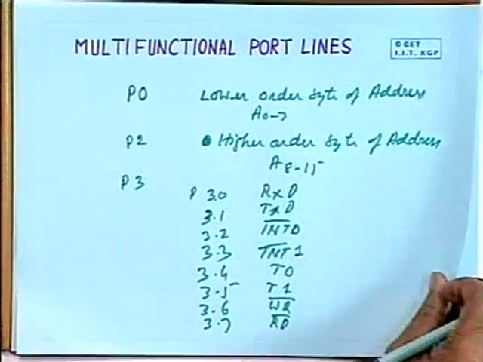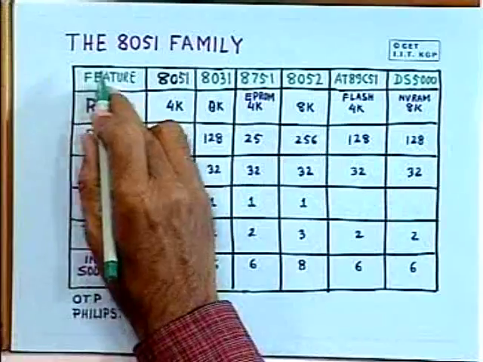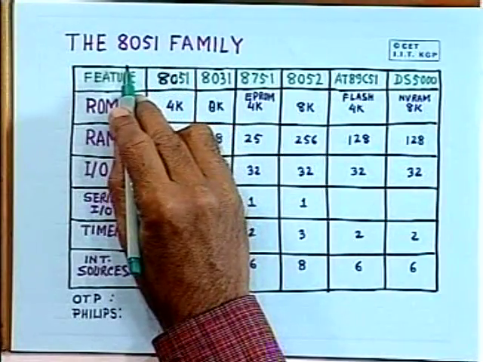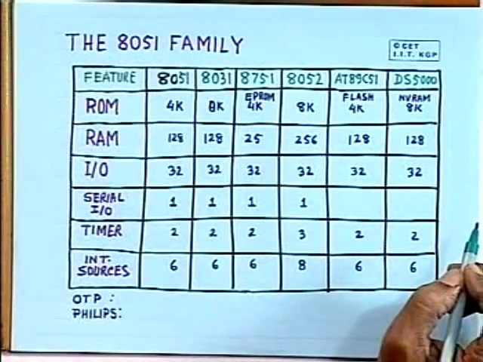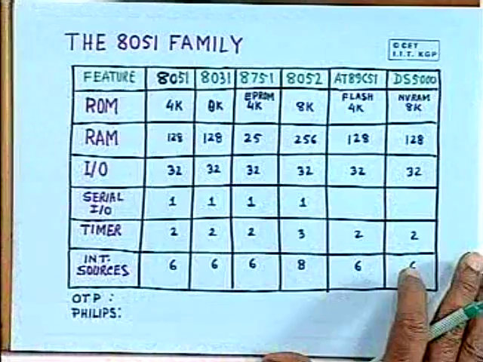Now, before I conclude our discussion today, I would like to discuss the Intel 8051 family. The 8051 is so popular that not only Intel but many other companies have come up with their version of 8051, and so 8051 is available from different sources with a variety of capabilities, and this is summarized in this particular diagram.